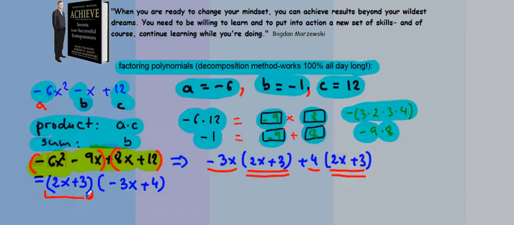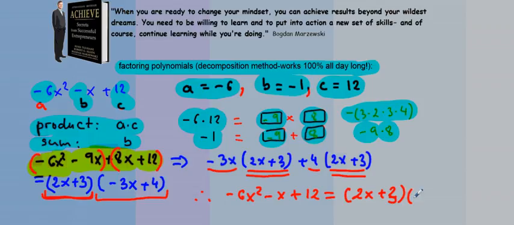You factor it out, so you take out 2x plus 3, and you insert negative 3x from the first group and positive 4 from the second. So this is why negative 6x squared minus x plus 12 in factored form is equivalent to the following product of 2x plus 3 and negative 3x plus 4.